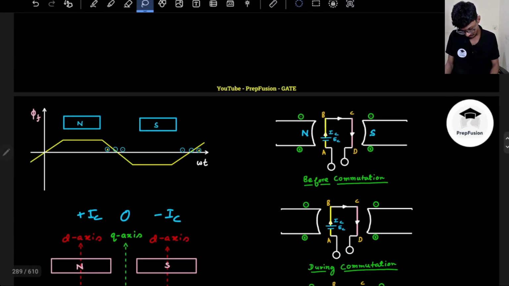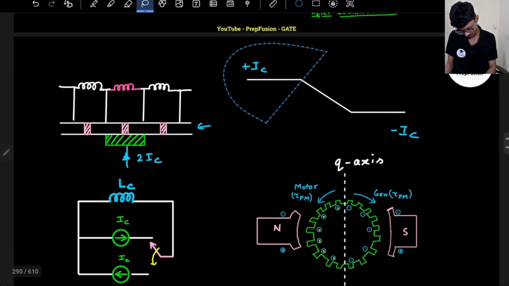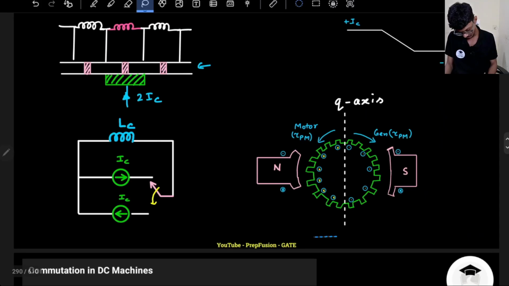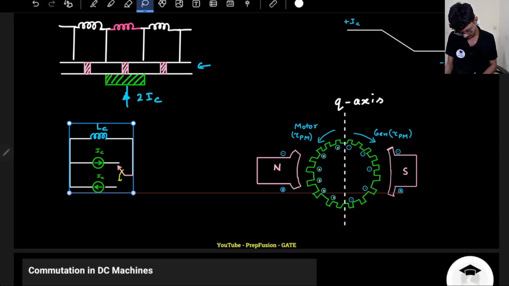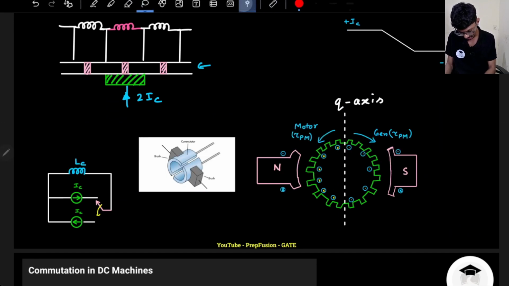So this is my current waveform. Let me reduce the size. This is my commutator, and these are my brushes, with an air gap in between. These are my commutator segments.